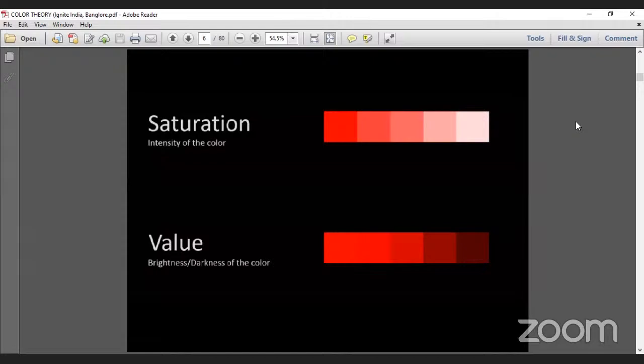So we have something over here known as saturation. What is saturation? The intensity of the color is known as the saturation. Now, what is the difference? Value is the brightness or darkness. Someone might ask that increasing brightness makes things look white. So I'll tell you first what is saturation.